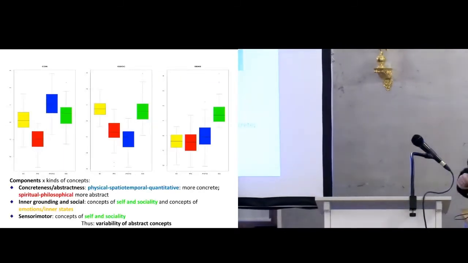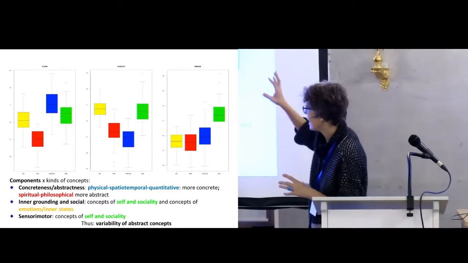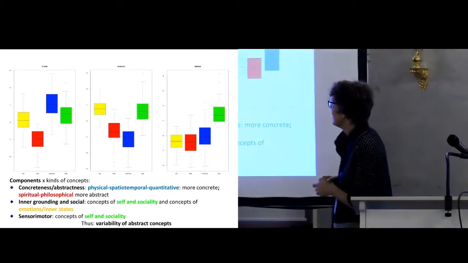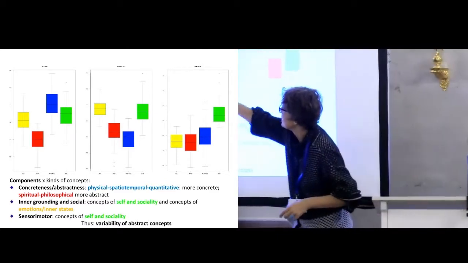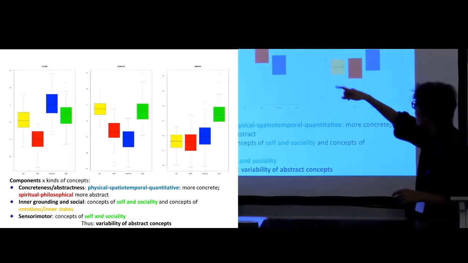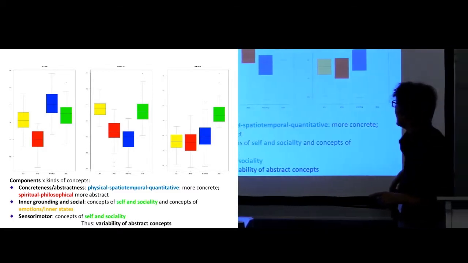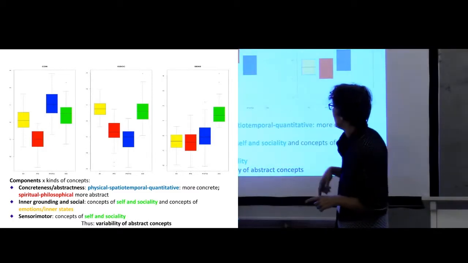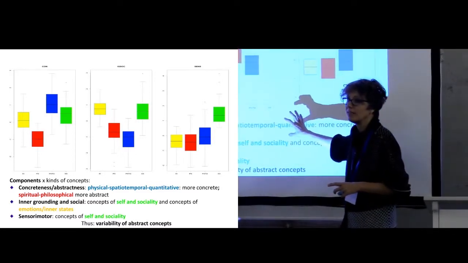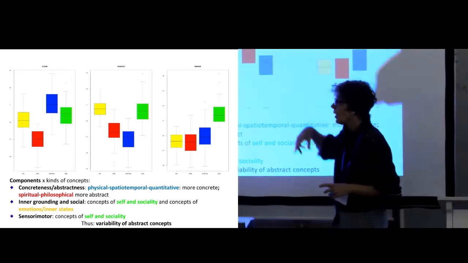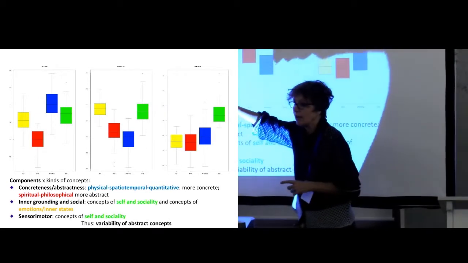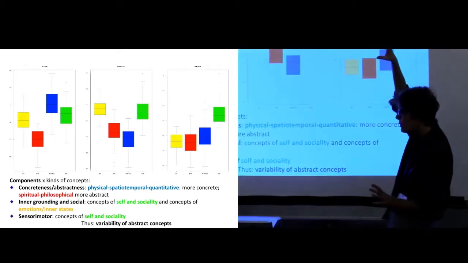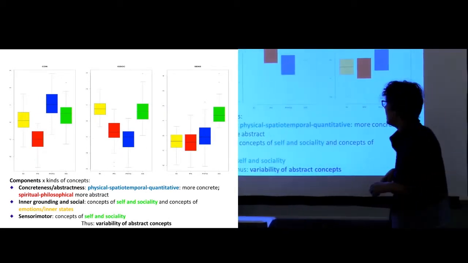And if we analyze this graph, we can see that the first component is concreteness, abstractness. As you can see, the blue are physical, spatiotemporal, quantitative elements that are quite concrete, opposed to spiritual, philosophical elements, which are more abstract, within abstract concepts.